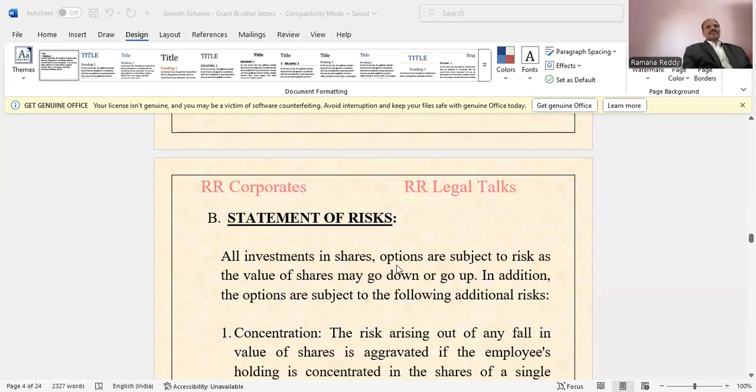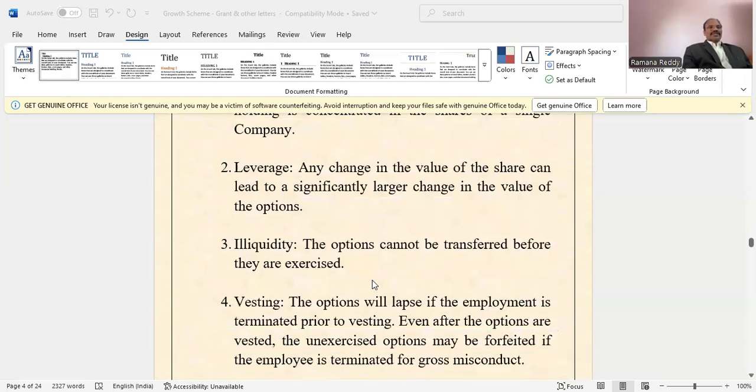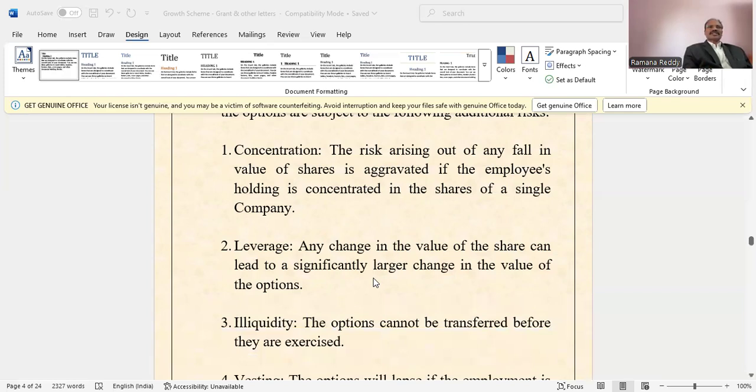All investments in shares and options are subject to risk, as the value of shares may go down or up in the share market. In addition, options are subject to the following additional risks: concentration risk, leverage risk, illiquidity, and vesting. Because the entire investment is in one company, there is a concentration risk.